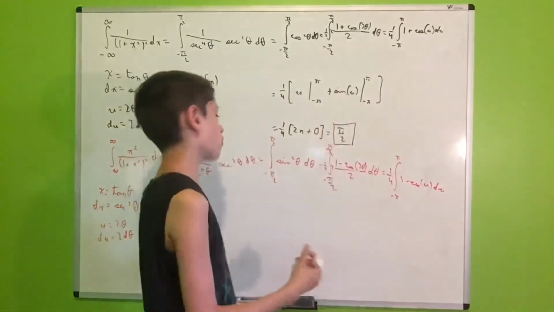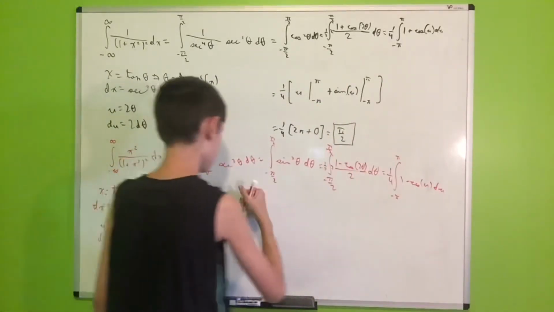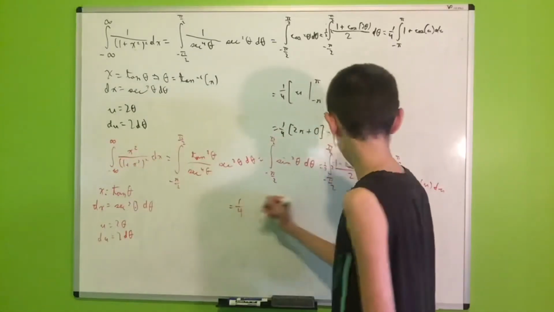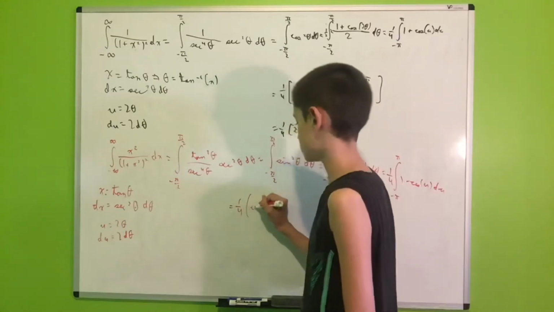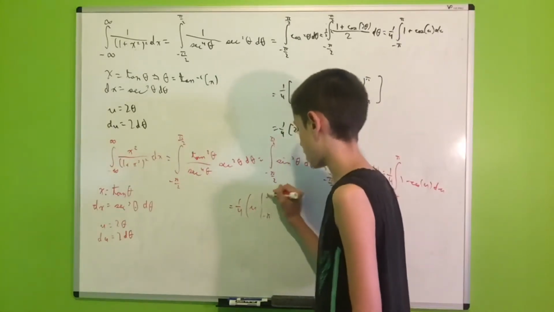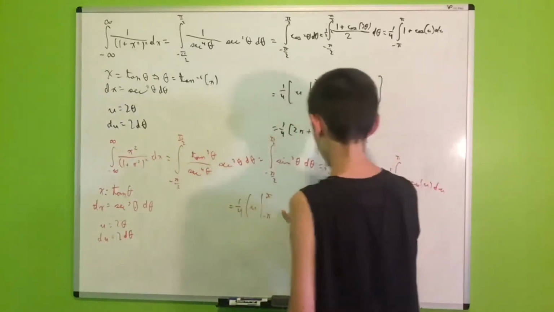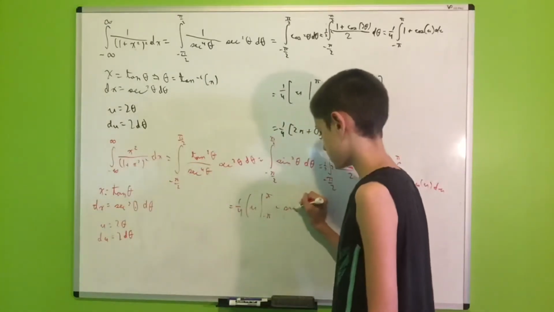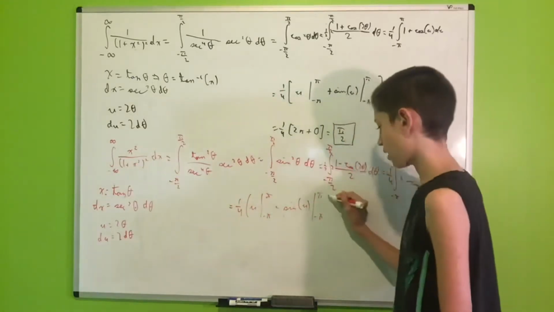But then, as we did before, we can distribute this integral sign. So we get 1/4 times the antiderivative of 1, which is u, evaluated at negative pi and pi, minus the antiderivative of cosine, which is sine. Sine u evaluated at negative pi and pi.